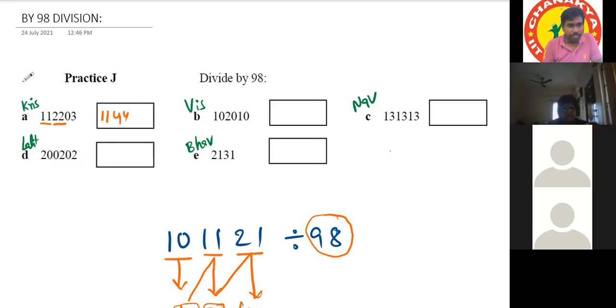Then 44 double is 88, and 88 plus 3 is 91. The answer is 1144 with remainder 91.